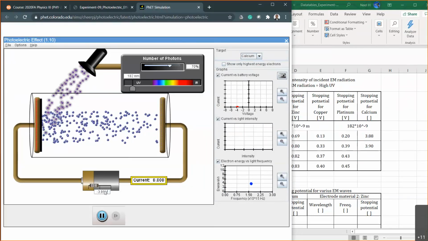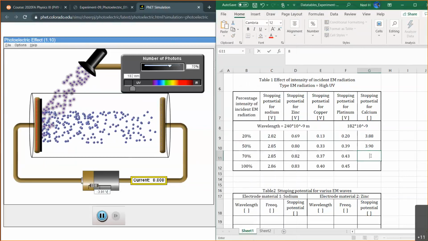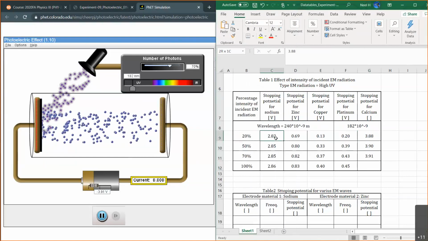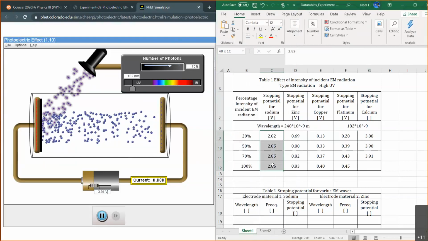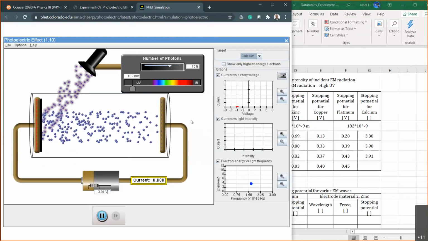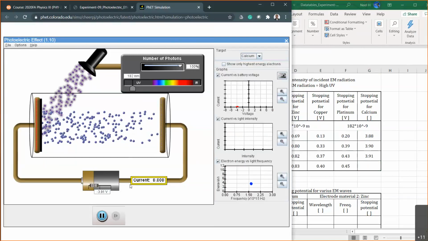There's a value 3.91. You can see that the variation between the reverse voltage and the intensity is very similar to the variation we saw on the sodium, because both of them are in the same column on the periodic table. And let's try with 100 percentage.